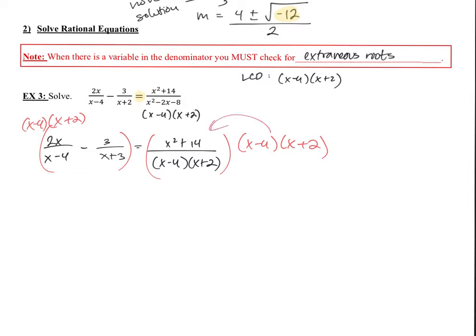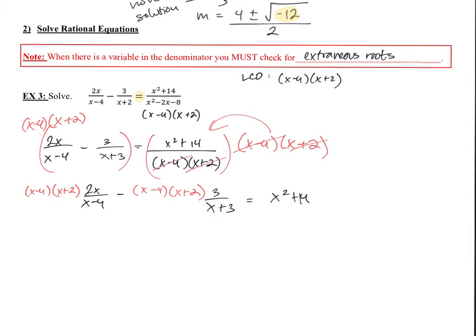Alright, so when I distribute this in, those cancel. And then, let's say I got to show the distribution on this side. So I have the x minus 4 times the x plus 2. Distributing that in, so it's times the 2x over x minus 4 minus x minus 4, x plus 2 times the 3 over x plus 2 equals x squared plus 14.